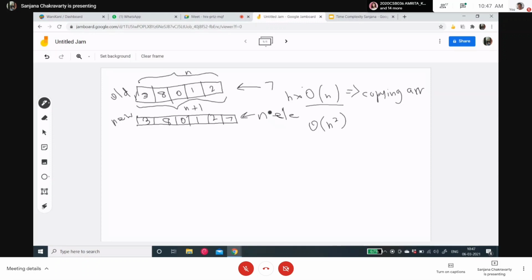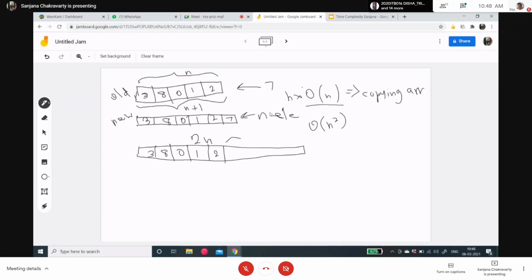So instead of making the new array of size n plus 1, we're going to make a new array, a very large array of size 2n, twice of n. And we're going to copy all the elements from the old array to the new one.